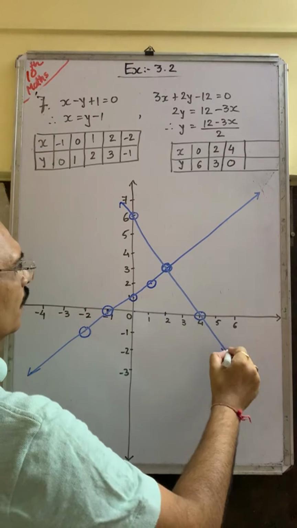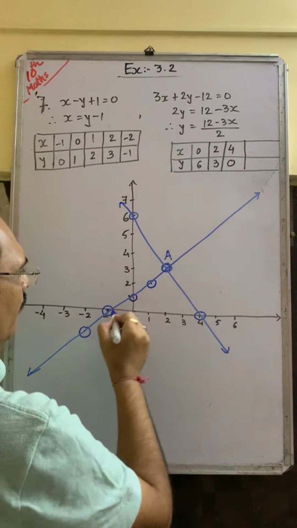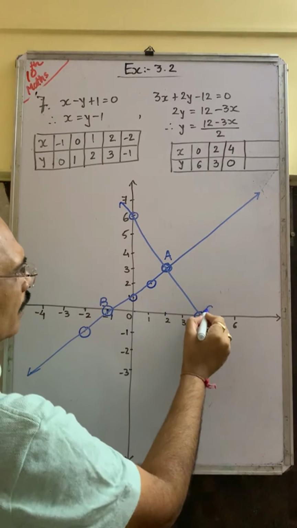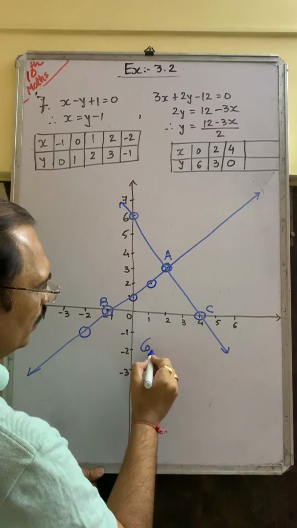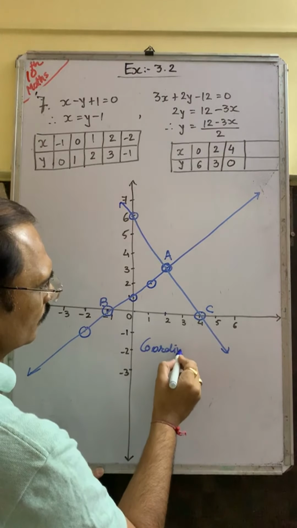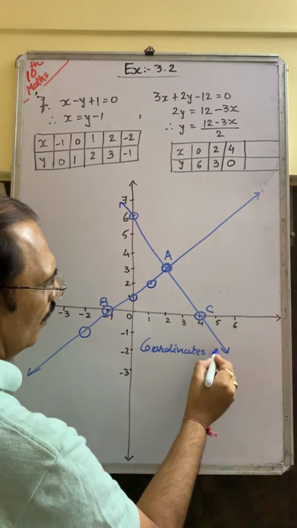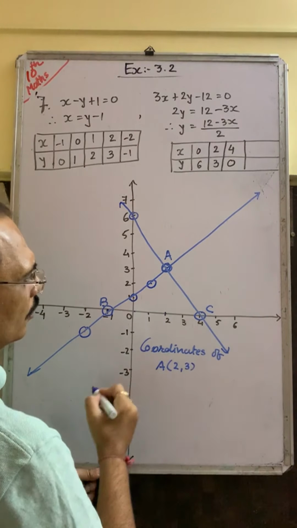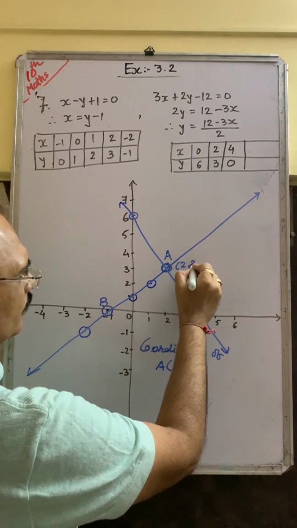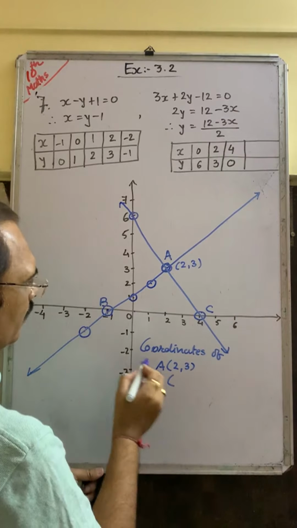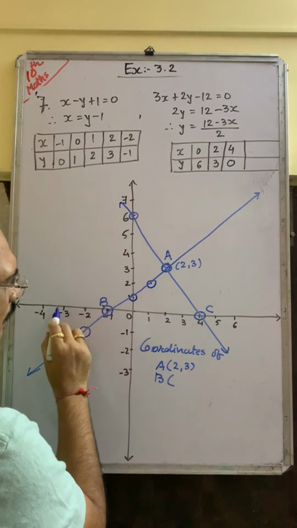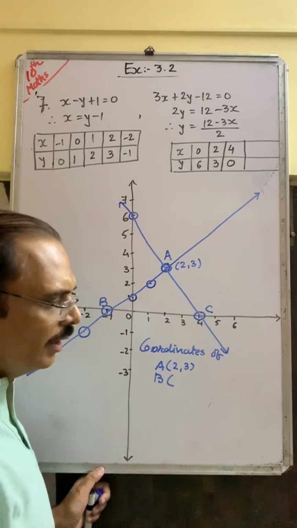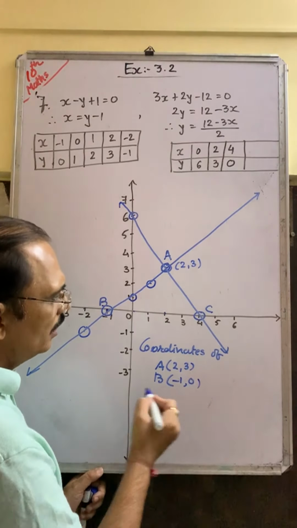So the solution is 2, 3. Call it A, B, C. Write the coordinates of A. A coordinate is 2, 3. B coordinate: x coordinate is minus 1 and it is on the x-axis, so y coordinate is 0, that is minus 1, 0.